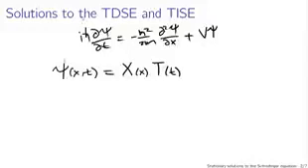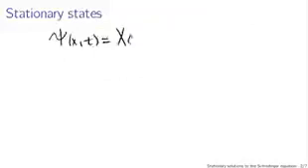So let's take a look at the properties of these separated solutions. First of all, these solutions are called stationary states. What we've got is psi as a function of position and time is equal to some function of position multiplied by some function of time.